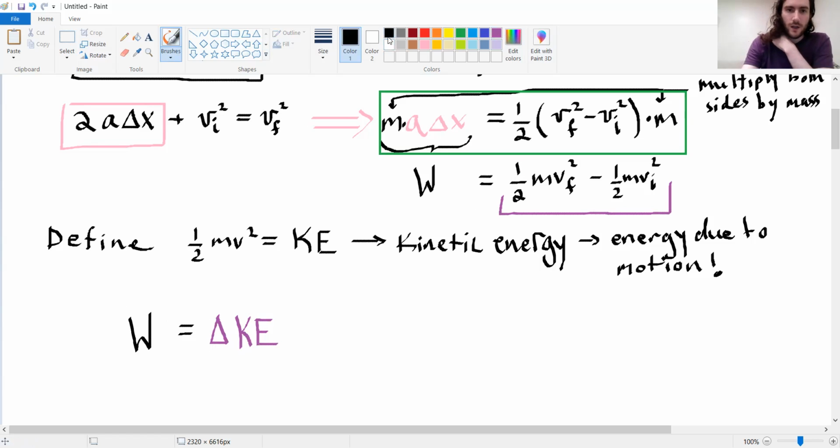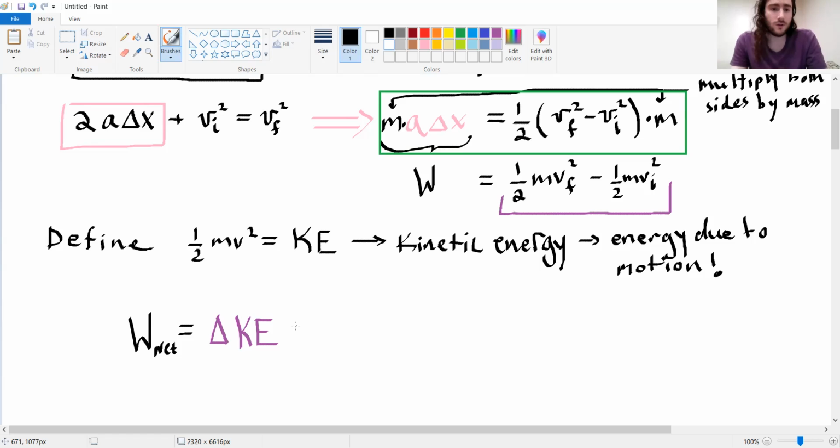As a matter of fact, we should be very precise here, and we should say net work. The net work done on an object or some body is equal to the change in its kinetic energy.